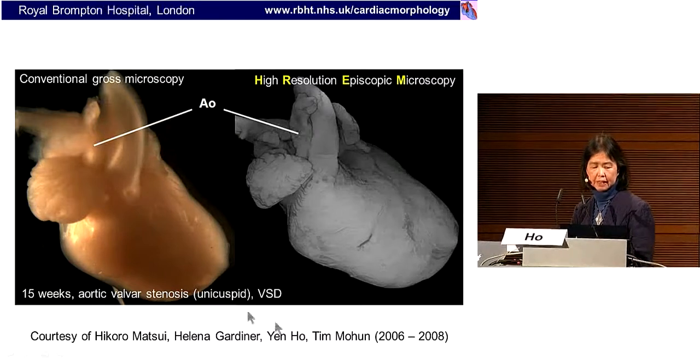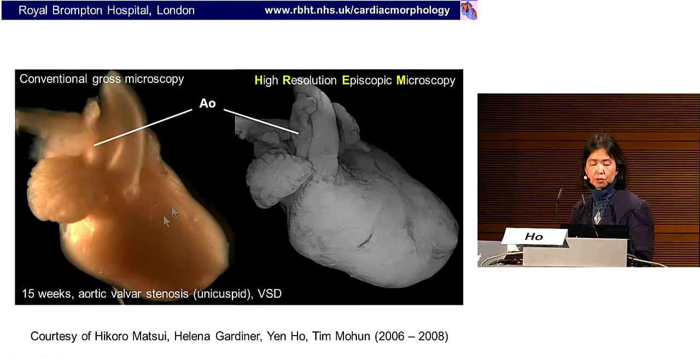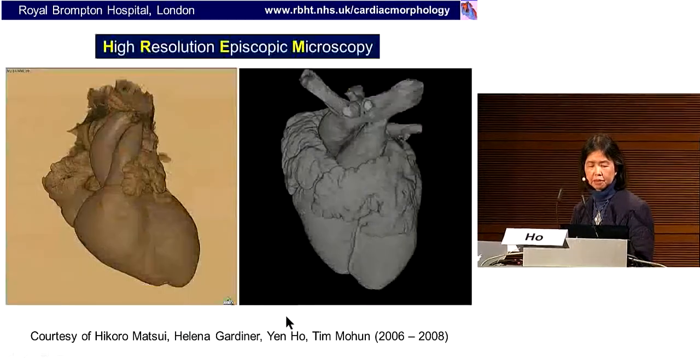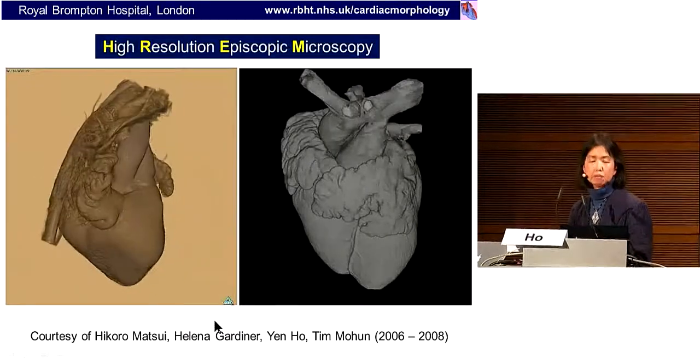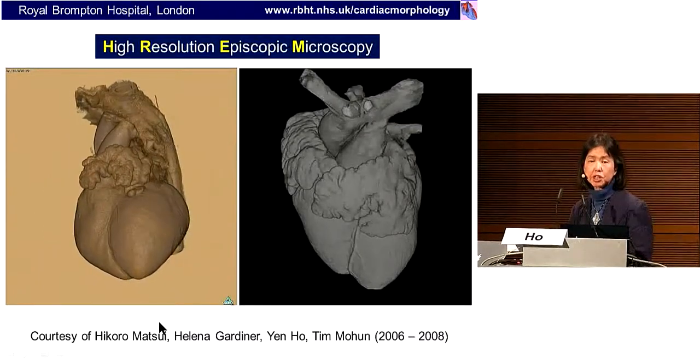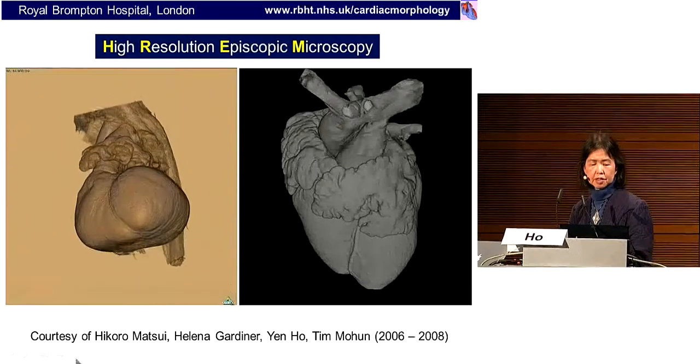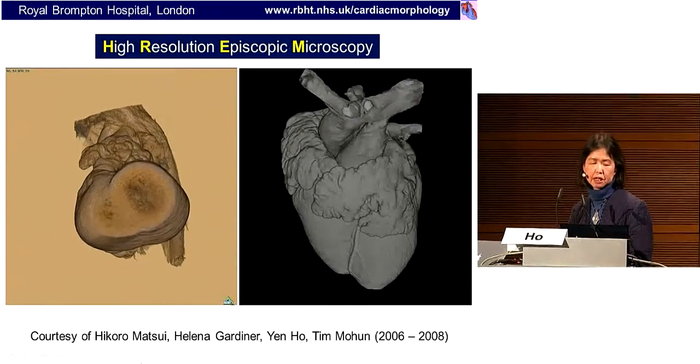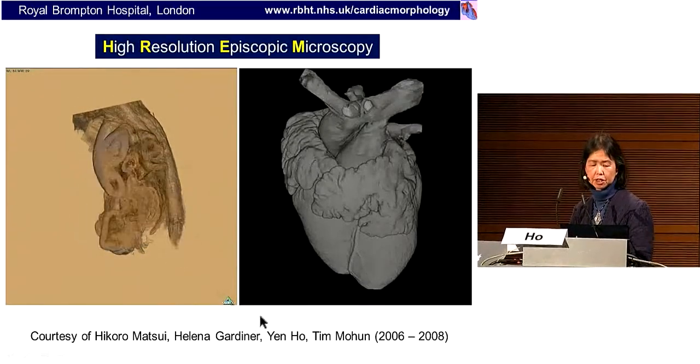So we have here an example of aortic valve stenosis in a heart that also had a VSD. And these are some clips made by Hikro Matsui during his stint as a PhD student with us. So here he's turning the apex and cutting in and looking into the heart specimen.